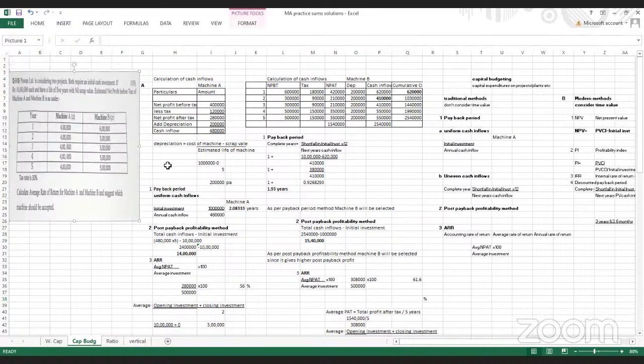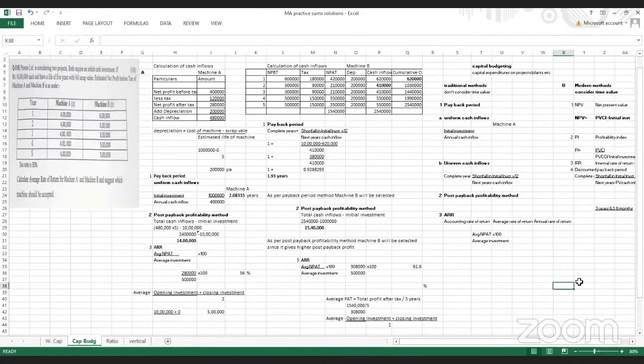Okay, that's it. So today I have taught you traditional methods. Okay, there will be a 10 mark sum based on these 3 methods, and one 20 mark sum will be there, which will cover traditional as well as modern techniques. Okay, in next lecture I will cover those modern techniques also.